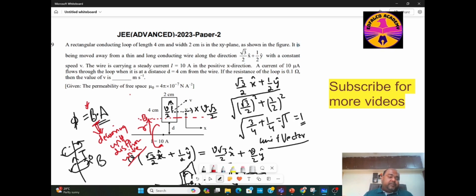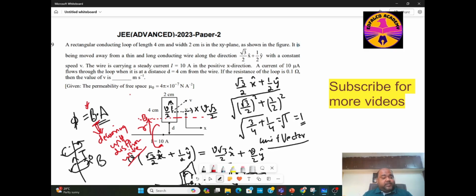So because of the change in the distribution of this magnetic field in the space, the flux inside the closed loop is going to change if you pull it in the direction that is shown.